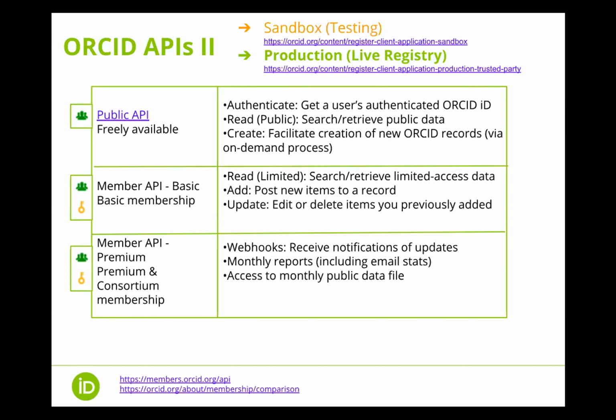For example, if information gets added, edited, or deleted. So you receive a ping, and then your system can query the API to see what changed on an observed ORCID ID, and then you can synchronize your systems accordingly.